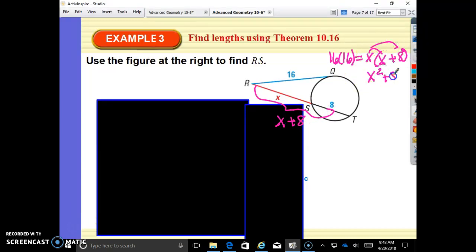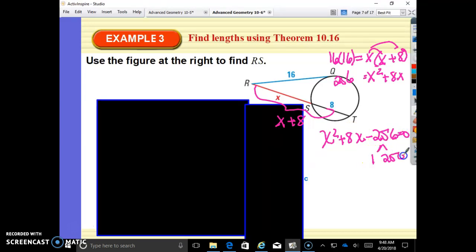X squared plus 8x equals 256. So we have x squared plus 8x minus 256 equals 0.